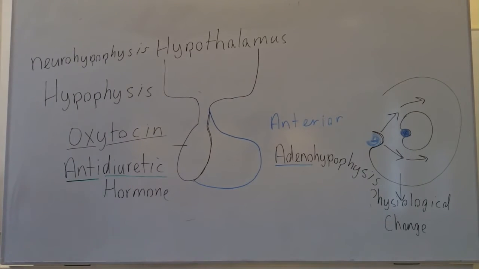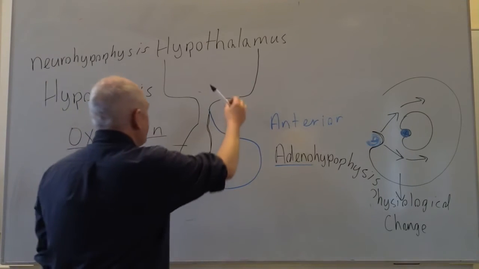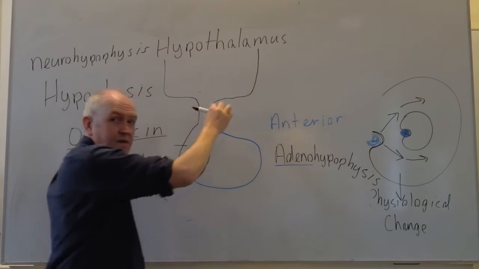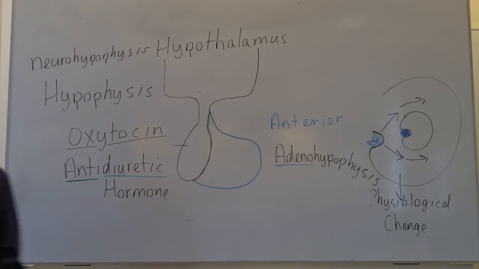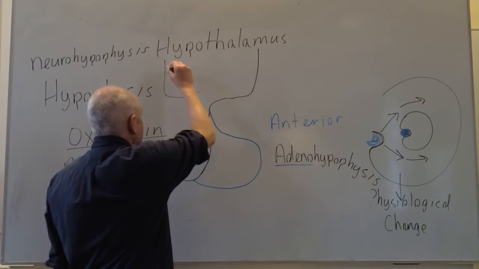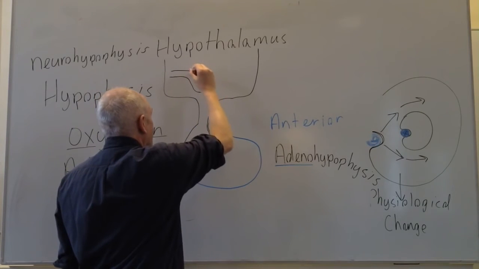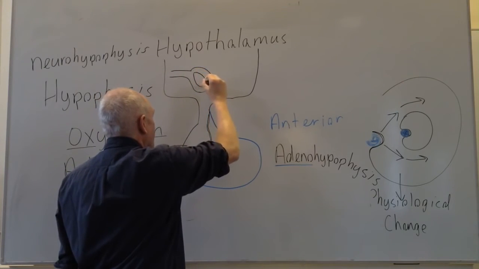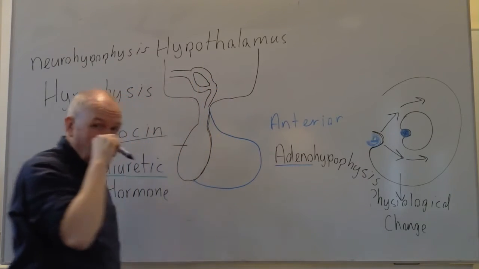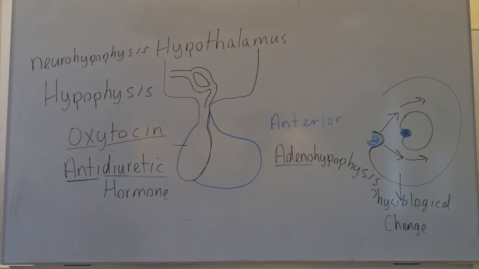Now, the hypothalamus actually produces all sorts of hormones. But these hormones are unusual in that they don't go into the systemic circulation. They just take a shortcut. So blood comes into the hypothalamus, goes round capillaries in the hypothalamus, where these hormones are absorbed into the bloodstream.